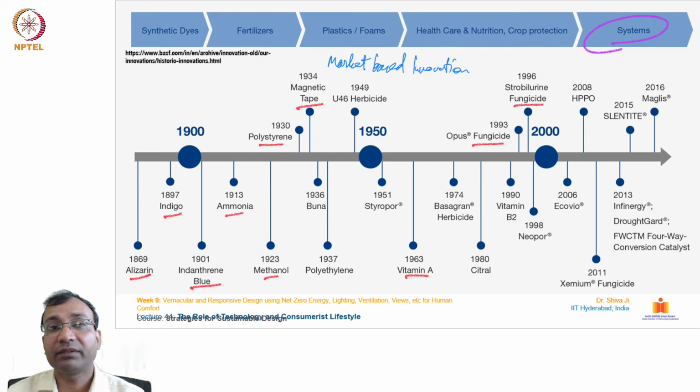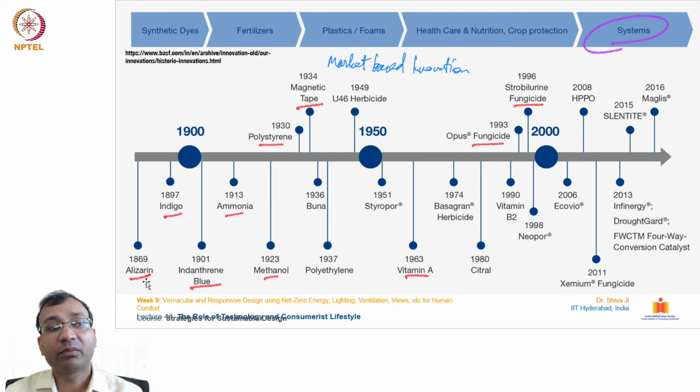For example, if you see the vitamins, the fungicides, herbicides, and some other chemical compounds for polymers, etc. They have given ammonia, even the coloring dyes and pigments, they have created over time, which have facilitated several types of adoptions of these products in the market.